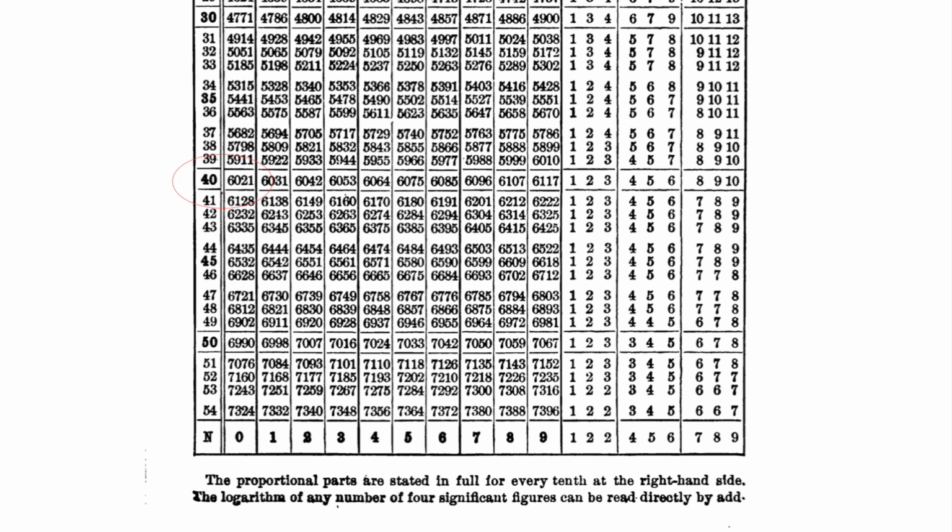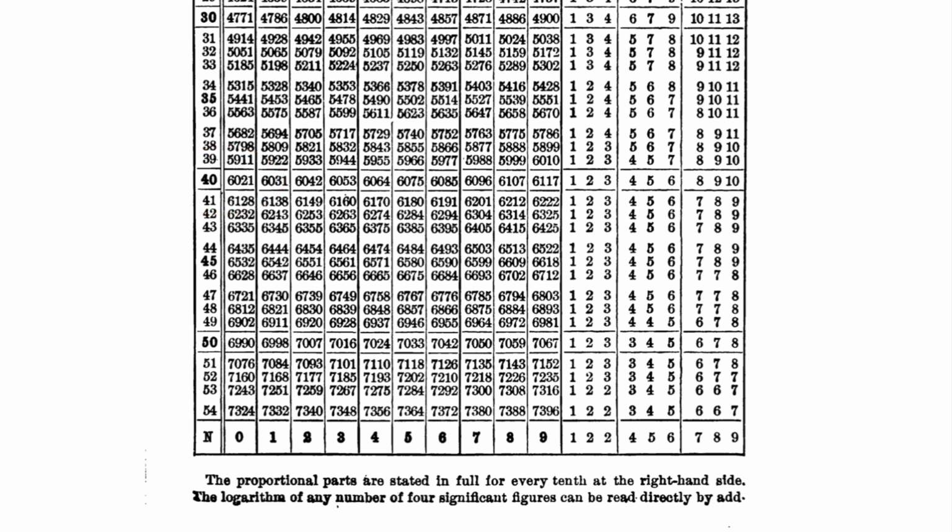Why? Because it's a number less than 10. So that is what we're doing with that second number. We got 6021 from the intersection of column 0 with that row. So that's our second factor.